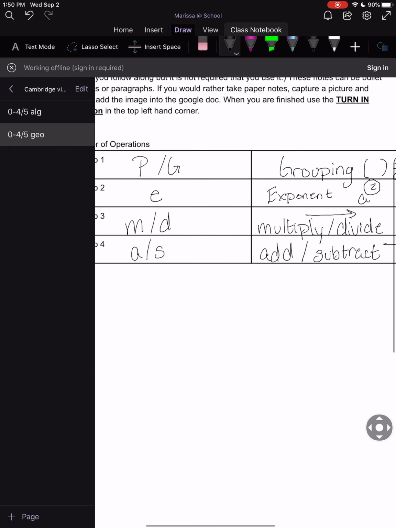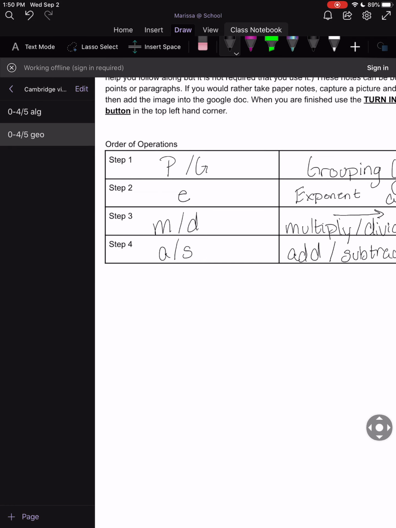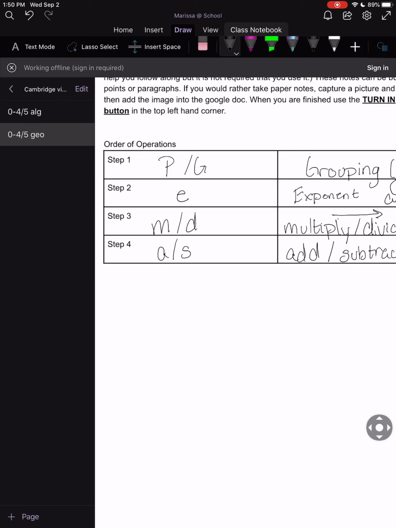Okay, so the first one I'm going to give you, and this is in 0-4 right now, is x minus 5 plus y, if x is equal to 15 and y is equal to -7.